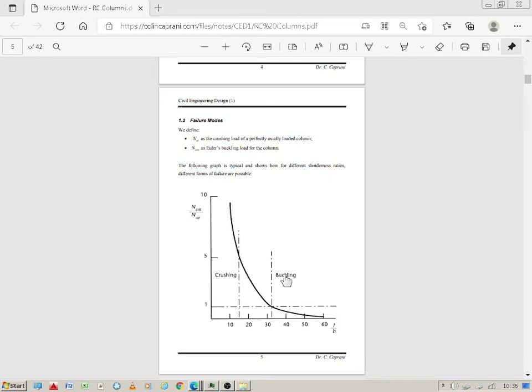Where he's written crushing and buckling, that could be better put down there. The relation is very simple: as the column gets longer, it's going to fail in buckling.